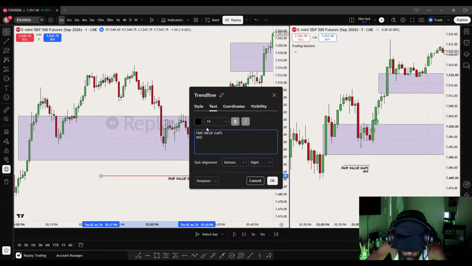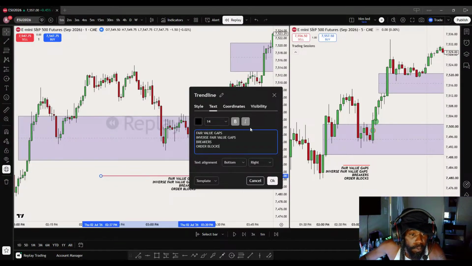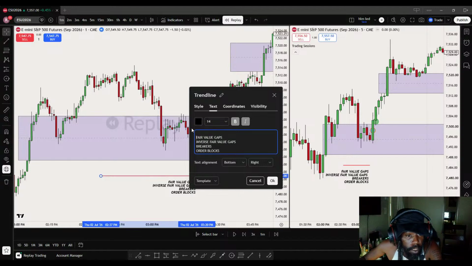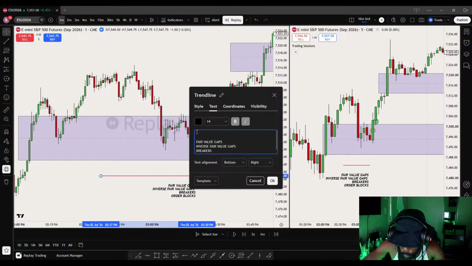Fair value gaps, inverse fair value gaps. We're gonna do breakers today, and we're gonna do order blocks. Right? Remember, these are what we mean when we say PD arrays.